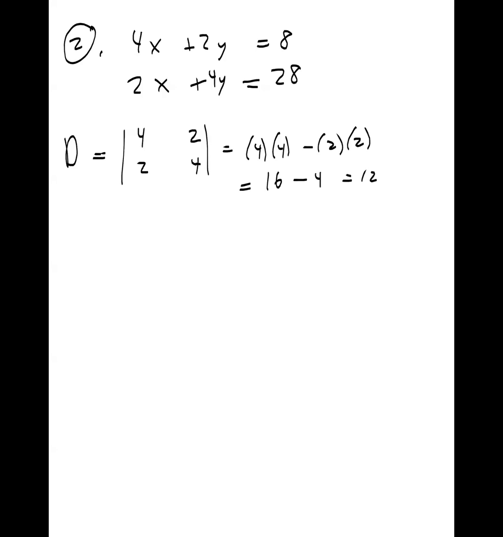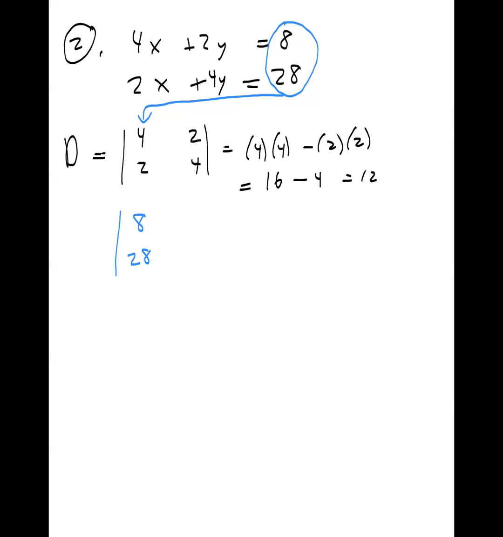Now, what we're going to do is something extremely strange. We're going to look at the numbers on the right side of the original problem. We're going to substitute those numbers in place of the numbers that came from the x coefficients. When you do that, you're going to get those two numbers, 8 and 28, in the place of the coefficients of x.